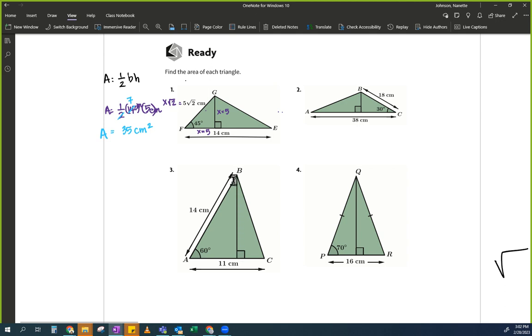So some of you are going to have to flip it or rotate it. Yeah, very good. Someone said 7 already, and I understand why. I'm just going to slow it down. So this is the x side, this is the 2x side, and this is the x root 3 side. So if 2x is equal to 14, that implies that x equals 7, right? So this is 7 centimeters.